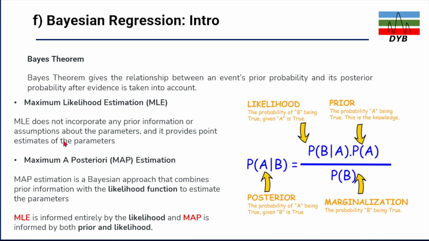So the difference between these two is that MLE uses the likelihood, and MAP, the posterior, which is normally used in the Bayesian algorithm, uses the information of the prior and the likelihood. So Bayesian regression gives you more accurate results based on the likelihood and also the prior information, which is in the machine.